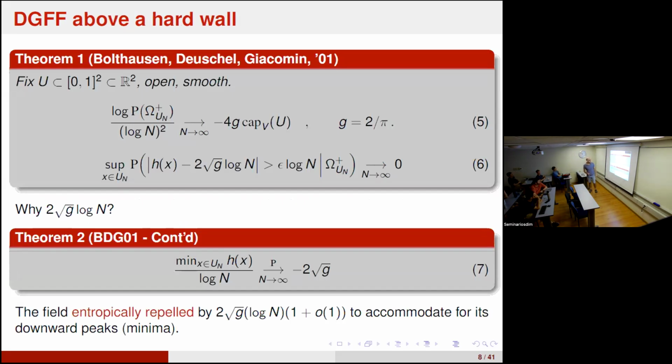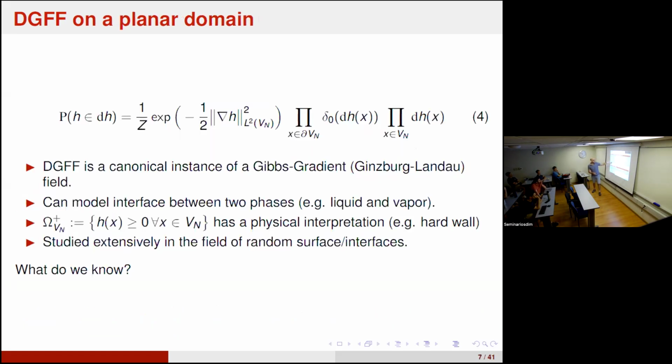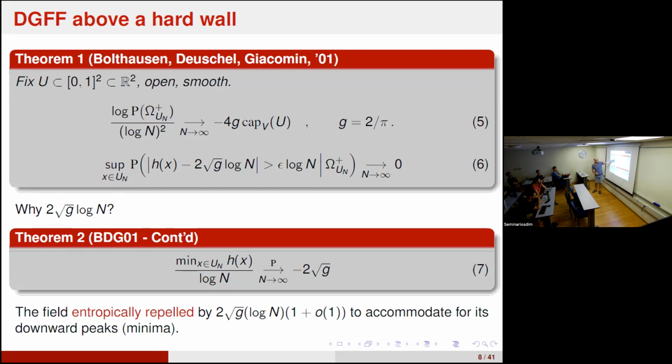I guess the state of the art still dates to, as far as I know, 2001. First of all, there's first order asymptotics. The probability that this creature that we just saw before is positive in some subset. Let me state it more formally. I take the discrete Gaussian free field on the square, this graph that we saw before.